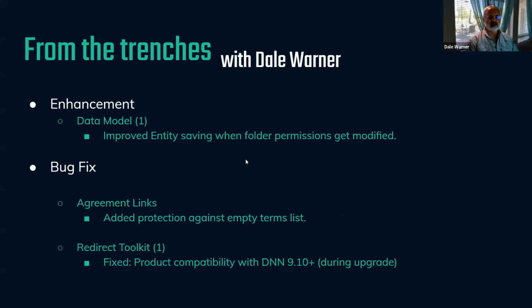When you upload something to an entity like a spreadsheet or a PDF file or whatever, and it gets stored away into the file system, in certain cases the folder permissions would get modified.